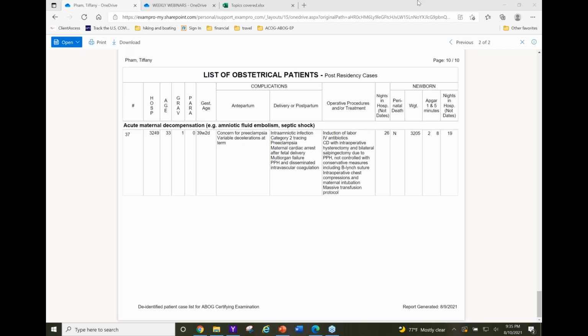Okay, tell me about TXA. Tranexamic acid, it's an anti-fibrinolytic, and I typically give it when there's concern for bleeding more than 1,000 mLs. Okay, and has it been shown to reduce risk from hemorrhage?